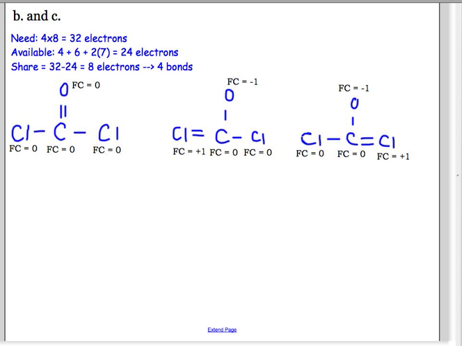Then they're asking you to pick the best one. In this case, since this one has all formal charges of 0, it is clearly the best Lewis structure. You could say that due to the formal charges all being 0, this is the most stable and expected Lewis structure for this lovely guy.